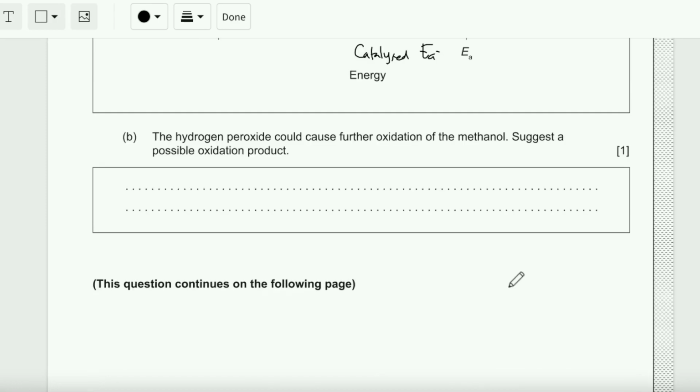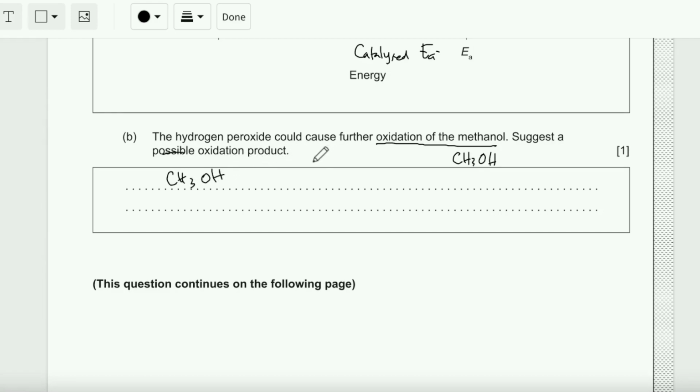The hydrogen peroxide could cause further oxidation of methanol, CH3OH. Suggest a possible oxidation product of CH3OH.